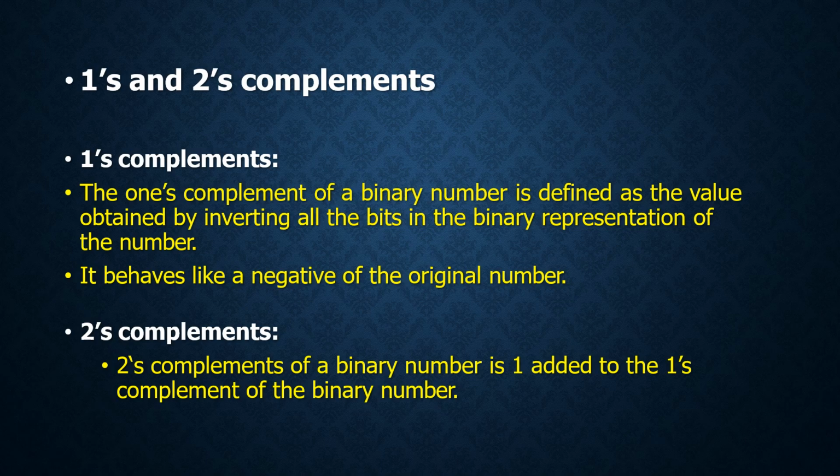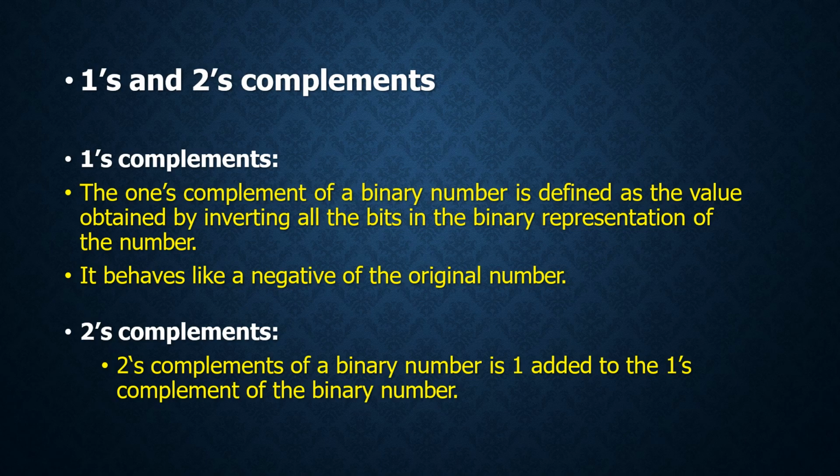1's complement. The 1's complement of a binary number is defined as the value obtained by inverting all bits in the binary representation of a number. Basically, the 1's complement form of any number is obtained by changing each 0 in the number to 1 and each 1 in the number to 0.